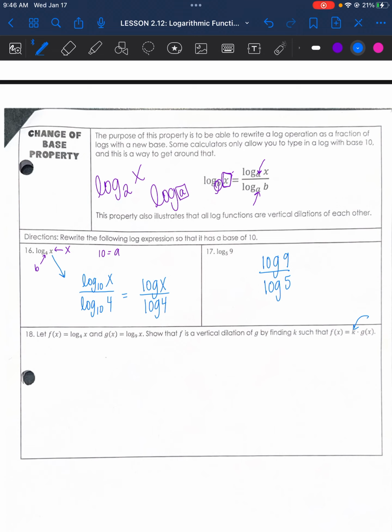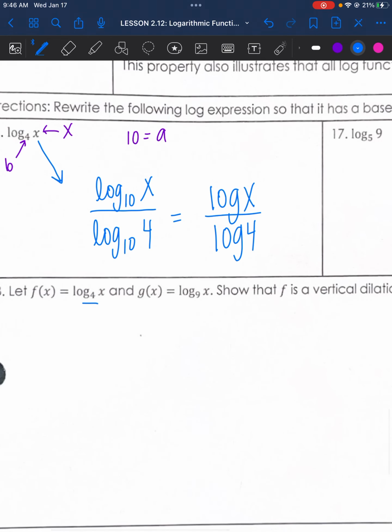Okay, so these clearly have two different bases. So I'm going to work with g, and I'm going to convert it to have a base of 4, and then see what happens. So log base 9 of x, that's the same thing as having log base 4 of x over log base 4 of 9.